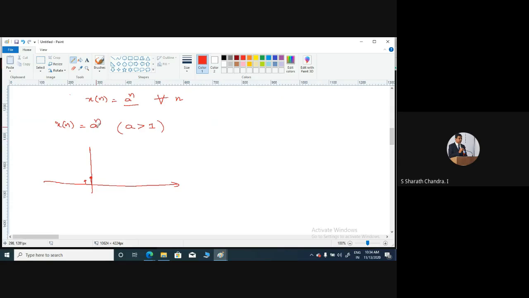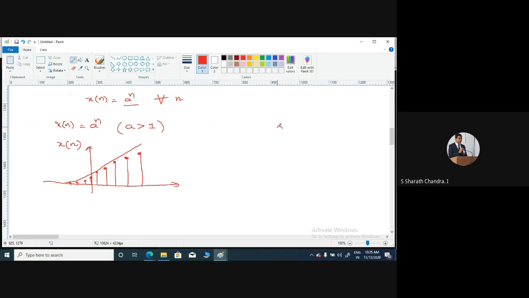With a greater than 1 and n equal to 0, you could see that it is equal to 1, and similarly it goes on increasing. Since a is a positive value, for positive values of n it is going to be increasing, and for negative values it goes on decreasing. This is your x of n, the discrete time exponential signal whenever a is greater than 1.